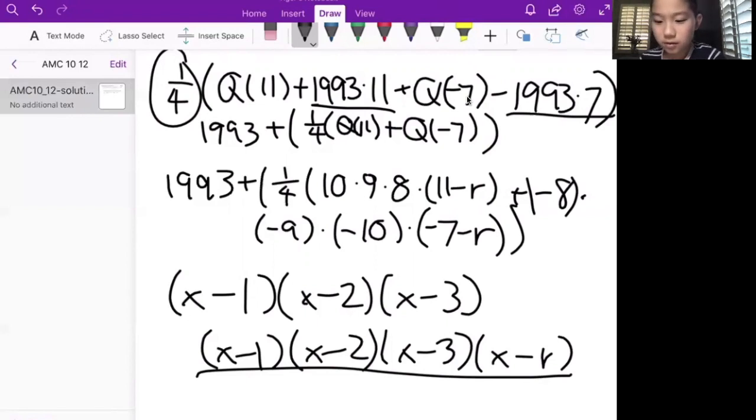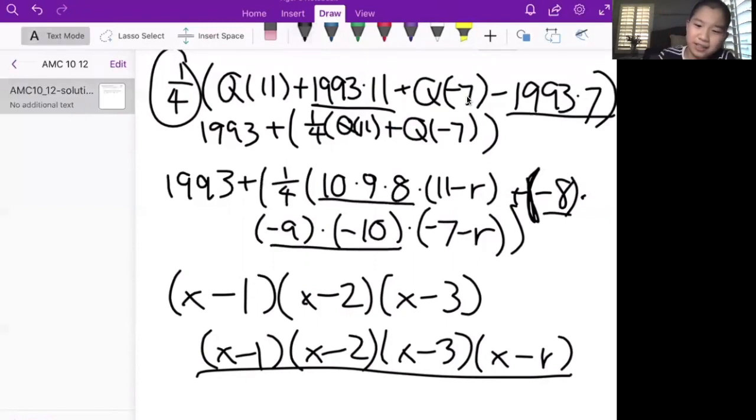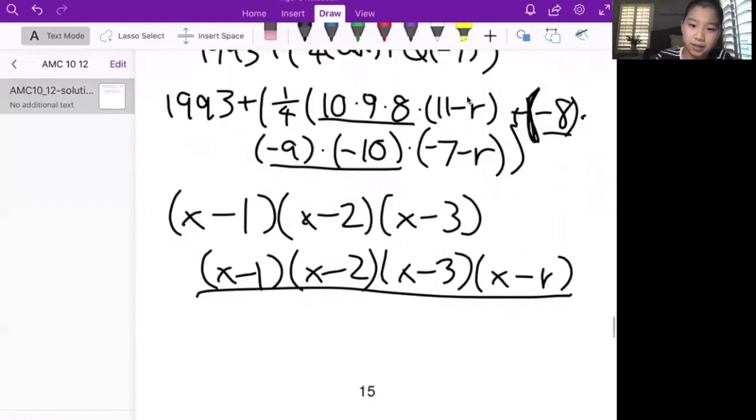So what you realize is this is 10 times 9 times 8, and this is negative 8 times negative 9 times negative 10. So that's exactly the negative of 10 times 9 times 8.